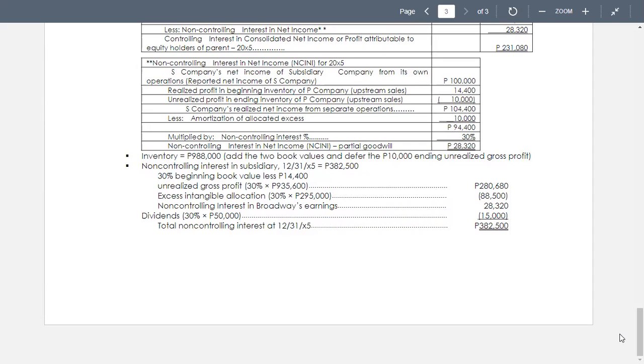Okay, salad, 301,800. Then deduct also non-controlling interest in net income of tuna, 239,400.